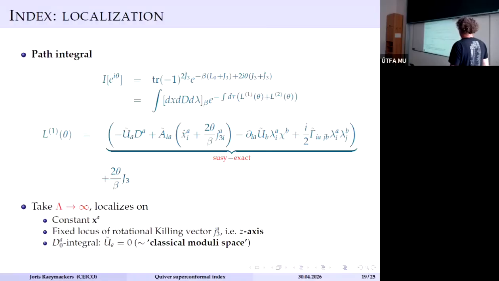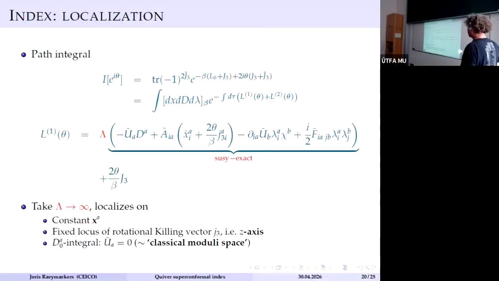Again, this Lagrangian consists of a first order and second order part. The main thing we will use is that the first order part is almost completely supersymmetry exact. What remains is a component of the angular momentum and some other terms which will vanish in the end. So as usual in supersymmetric localization, you can take this exact part and multiply it with some parameter lambda.